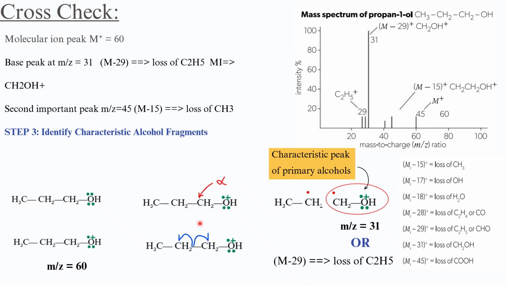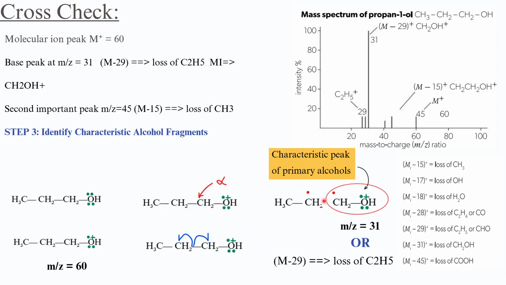Okay, so after I have determined this alpha carbon, I will break the alpha bonds. There are three possibilities of breaking alpha bonds. Two possibilities are of these two hydrogens, and another possibility is between these two carbons. If you see, the most stable fragment will be when we break this particular bond. So you can see that here we have this particular radical cation and this as the loss of a neutral species.